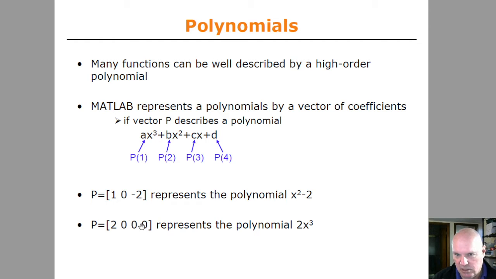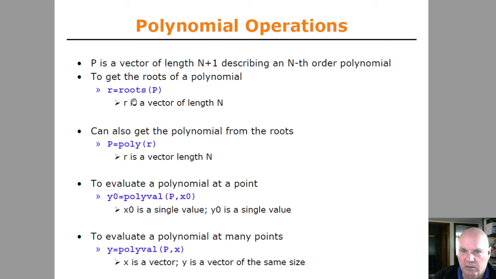So this is the basic representation. Understanding this is key to working with polynomials in MATLAB Octave. We can get the roots of a polynomial using the roots expression. We can convert from the roots back to the polynomial coefficients using poly. And then another very valuable function is polyval, which uses the polynomial coefficients, its representation, to evaluate it at a single point.